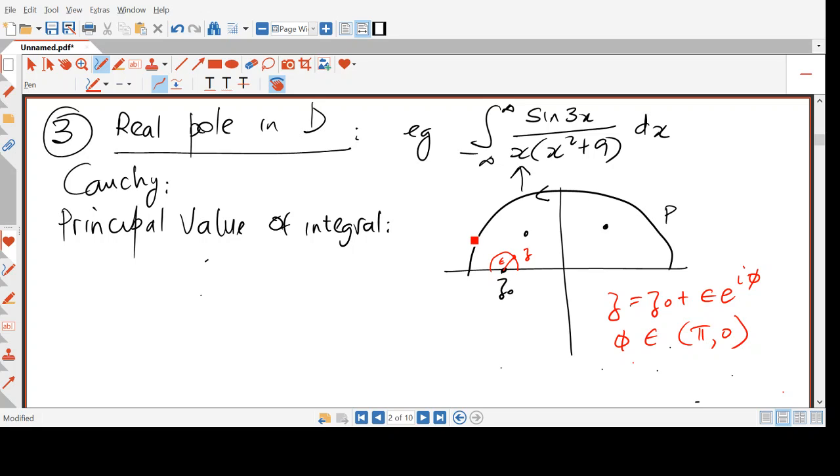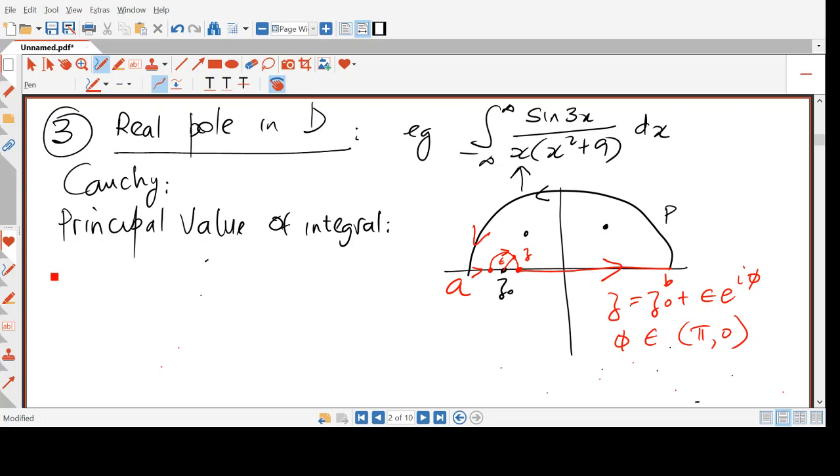Why? Because if you follow the path here, you'll see you're going up there. So you're starting off from here at pi, and it's ending up there at 0. So it's going opposite. And then it's going this direction here towards b. Let's call this a and this b. So the principal value of the integral is defined as follows. Well, it's built up as follows.